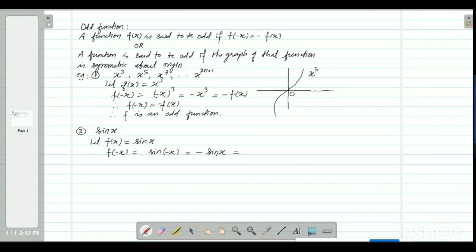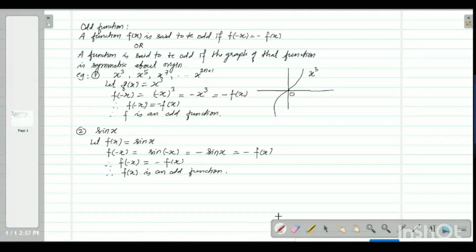So we write minus f of x. Therefore f of minus x equals minus f of x, so function f of x is an odd function. How to check whether the given function is even or odd? Just replace x by minus x and check whether the function satisfies this condition or not. If so, then it will be an odd function.